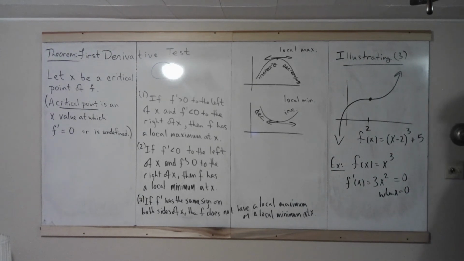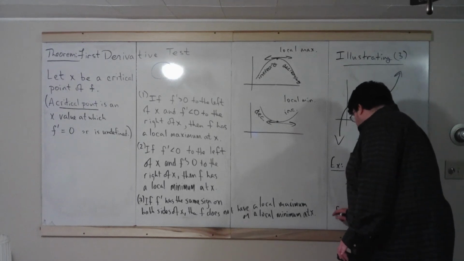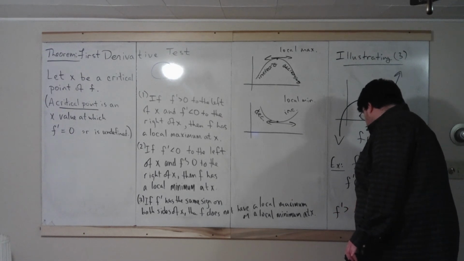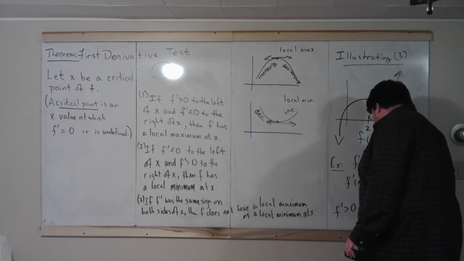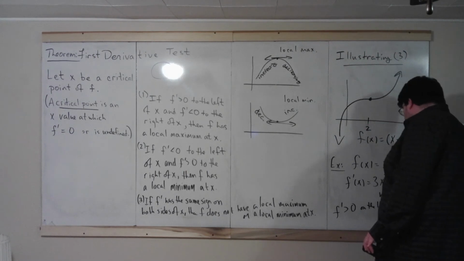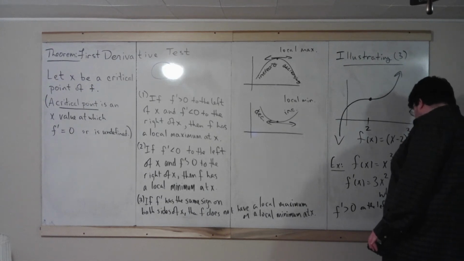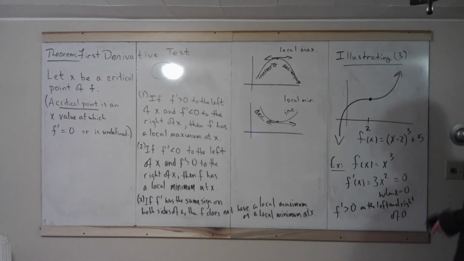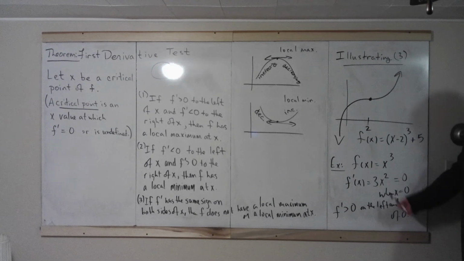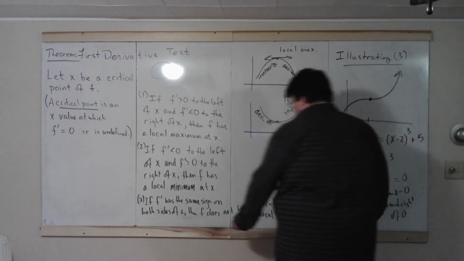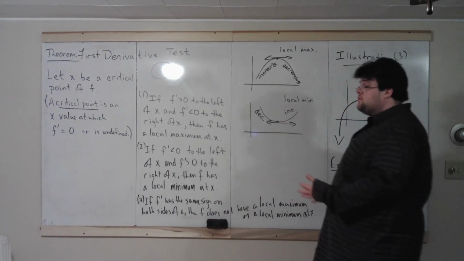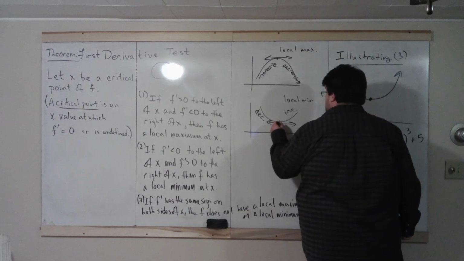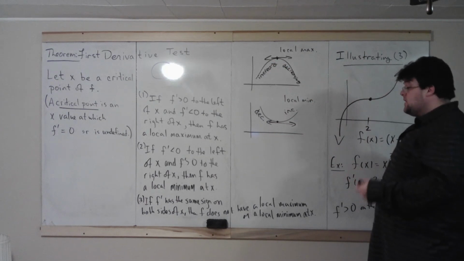And why does case 3 apply? f prime is positive on the left and right of 0. So this directly applies case 3 instead of just throwing a graph down. f prime is positive on both sides. Why? Well, it's 3x squared. It's positive everywhere except 0. But when the sign of the derivative changes, we can see that using calculus. We can see what it means using calculus.